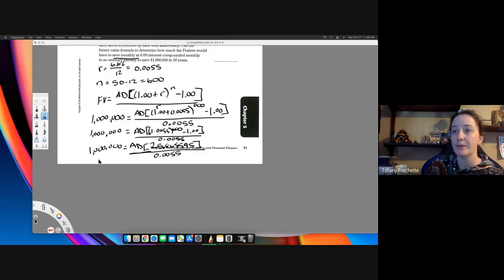So you're going to multiply a million by 0.0055 to move it out from under the fraction, because we're dividing by it on this side. To move it, I'm going to multiply on both sides to move it over to the left.